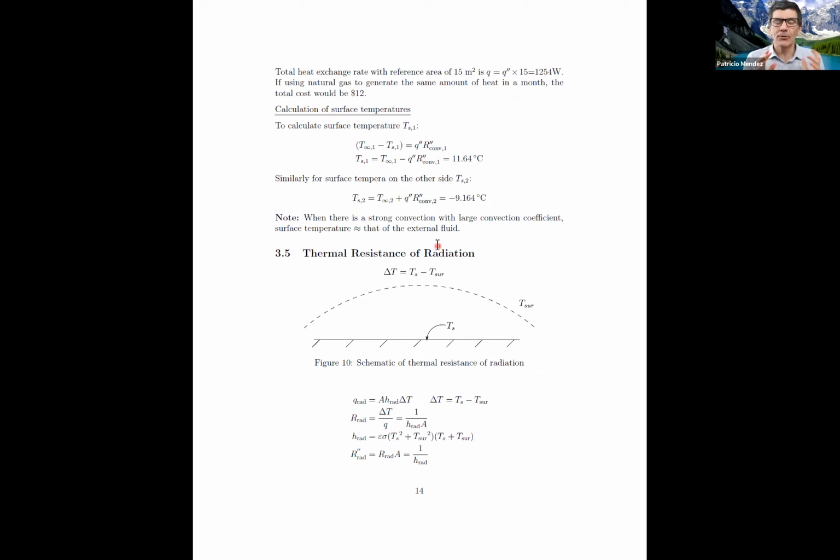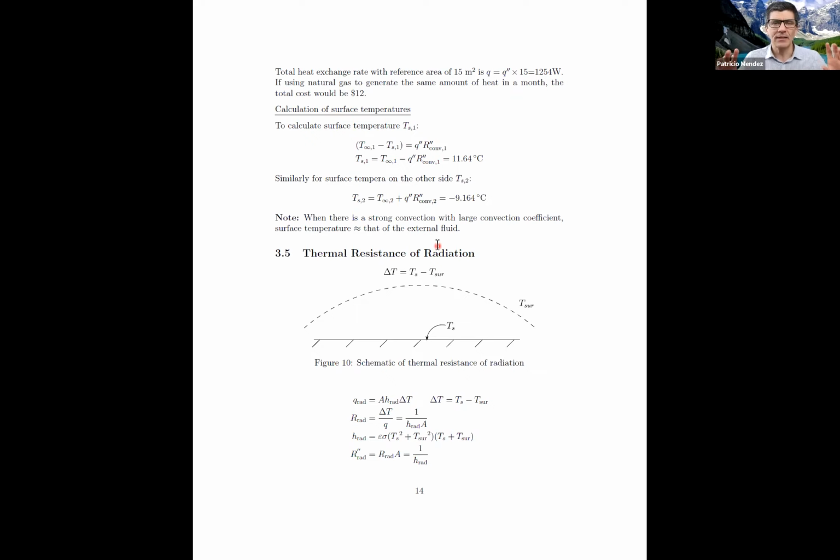And for that, the answer is yes, but we need to cheat a little bit, because both convection and conduction have formulas in which the coefficient is more or less constant, and they're indeed more or less proportional, the heat transfer and the temperature difference. In radiation, it's not quite like that, because heat transfer goes with the fourth power of temperature.